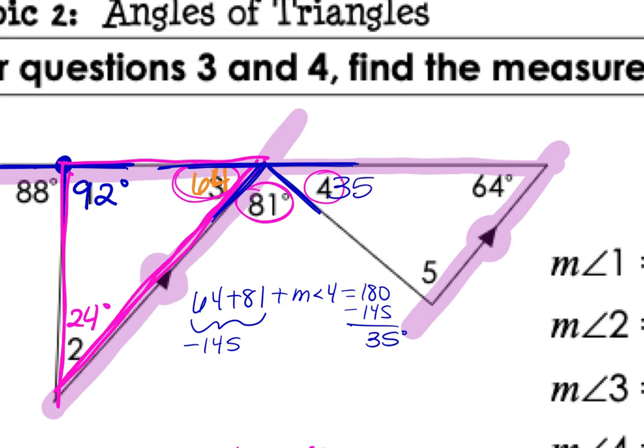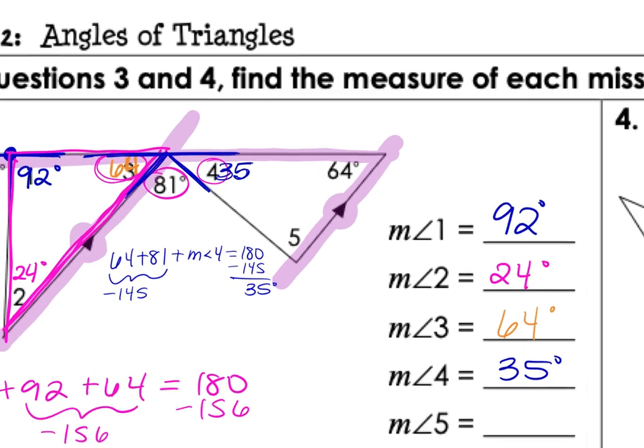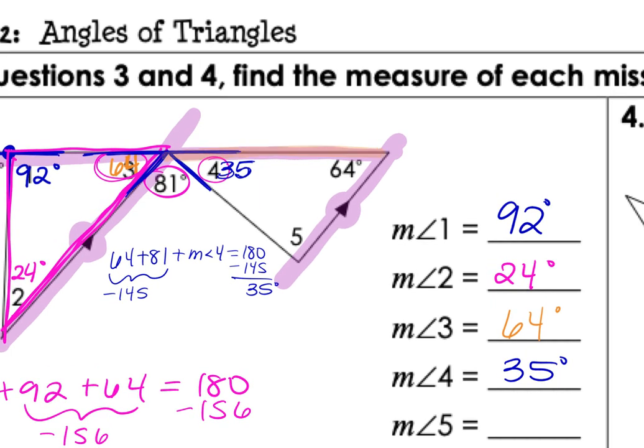Again, write it in. If 4 is 35, then how do you find 5? 35 plus 64 plus 34. Yeah. So here's a triangle, and that triangle has 35, 64, and 5. That should add up to 180 then.